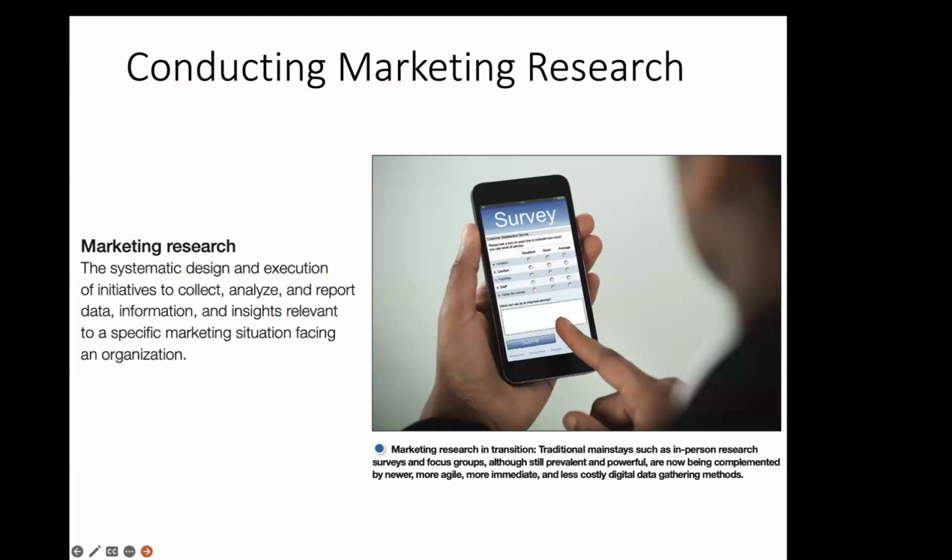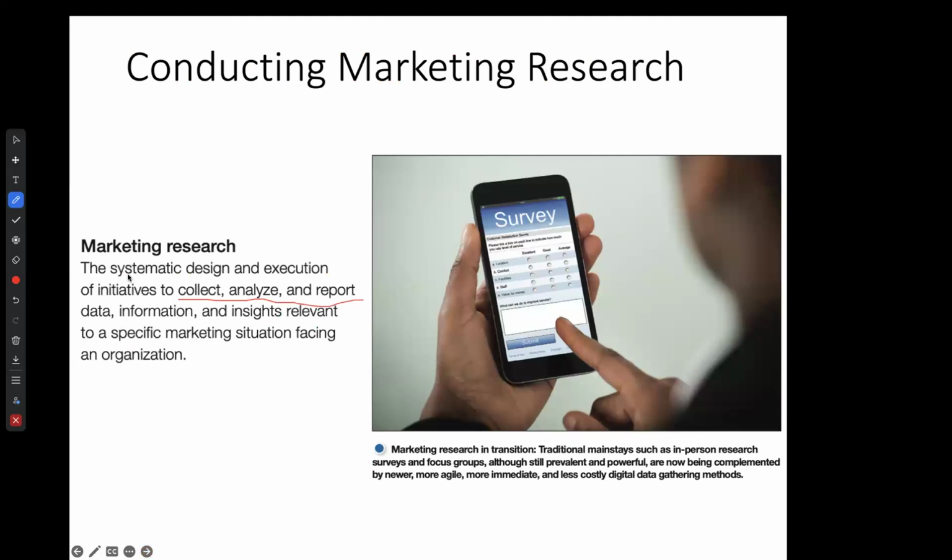So our next indicative content in 1.2 talks about the importance of market research. Now, this is a topic that we'll delve into in detail a little later. But by definition, market research is to gather data, collect data, analyze data, report data.